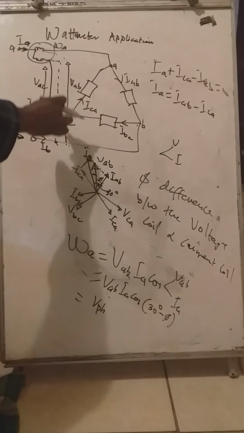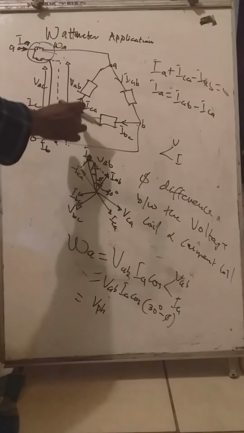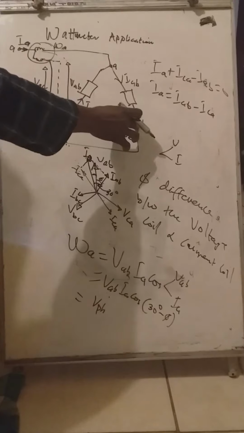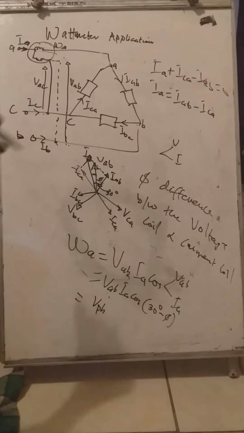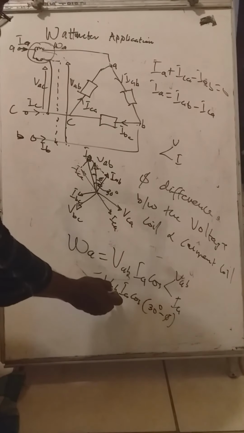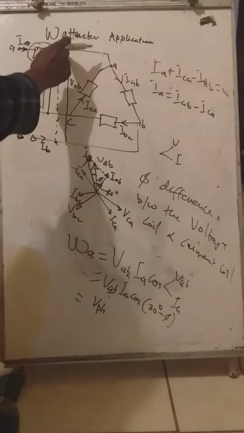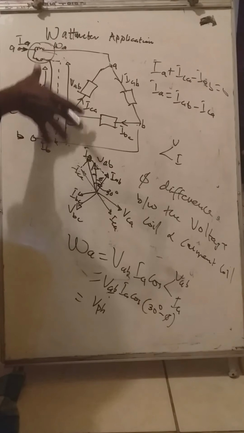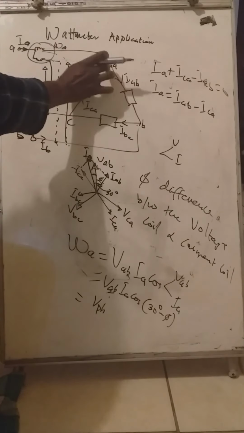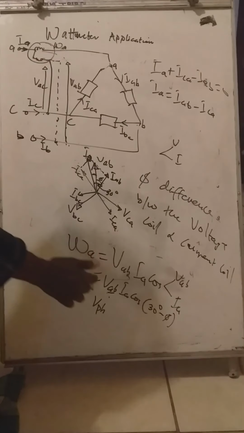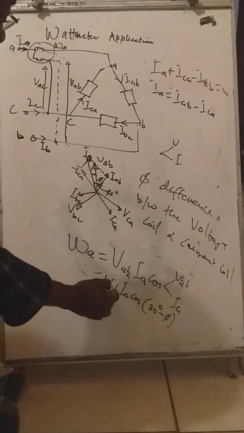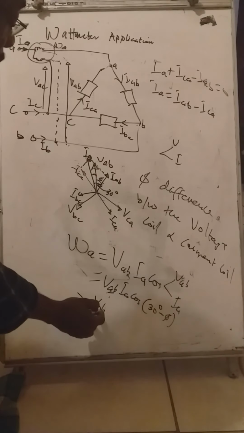This is our line voltage VAB, and it is the same as we have across the phase VAB. So our phase voltage is equal to our line voltage. Though VAB appears like a line voltage here, it is also equal to the phase voltage, because this is the same phase, same voltage across the phase. So VAB is taken as phase voltage.